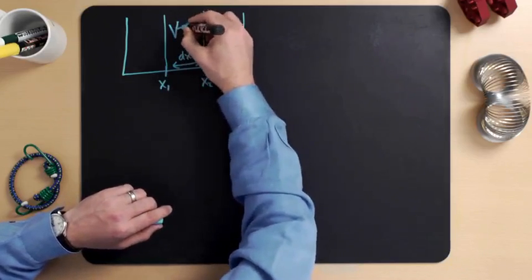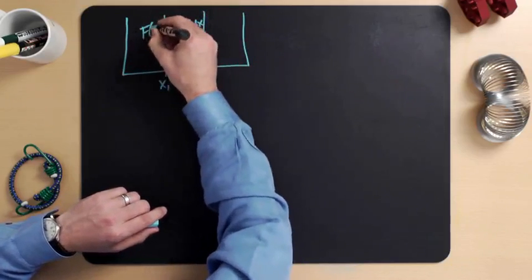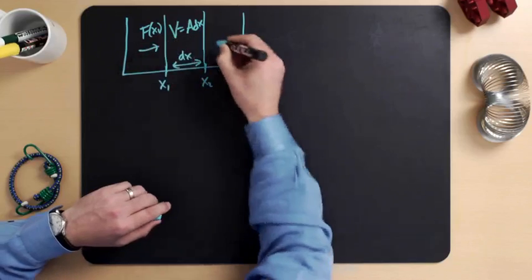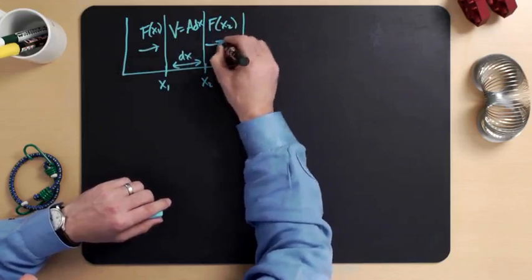We have V equal to A dx, and we have flux at x1 coming in to that volume, and flux at x2 going out of the volume. So we still have the same basic components as before. A very small volume V with flux in and out of the volume.